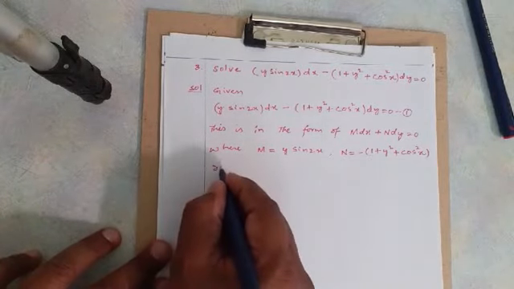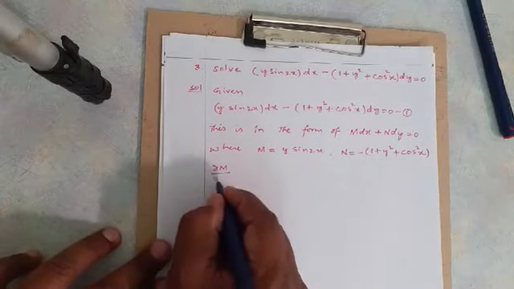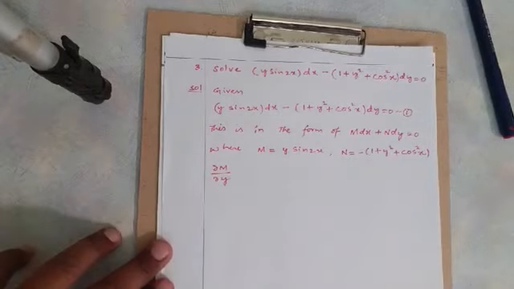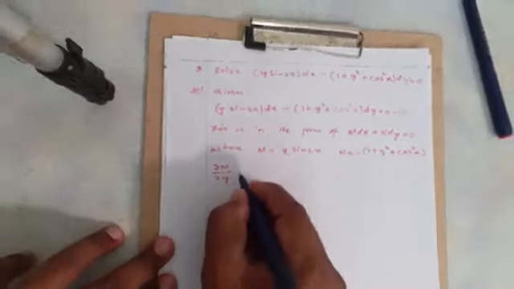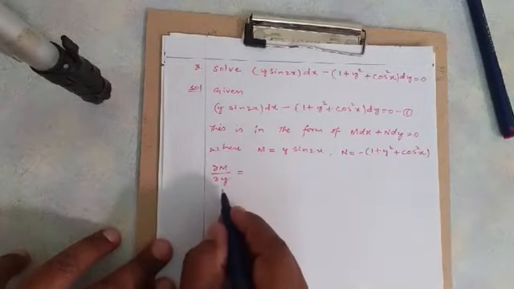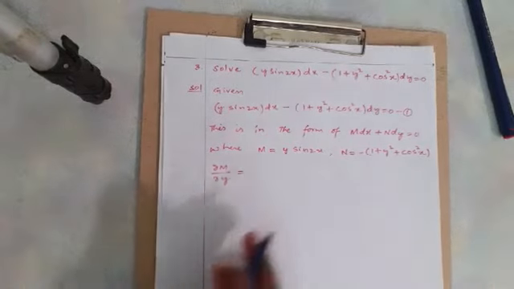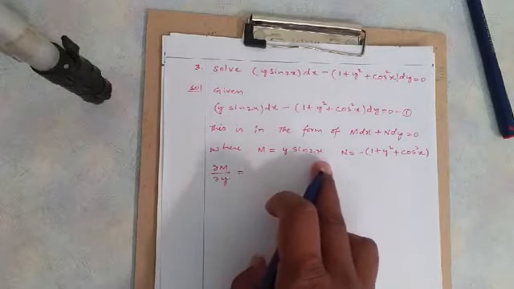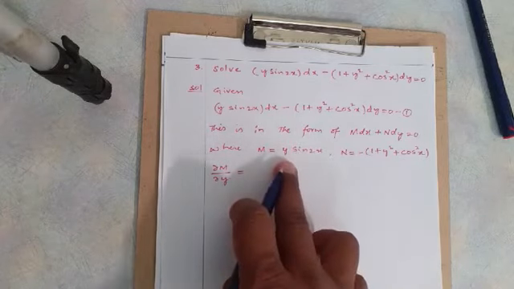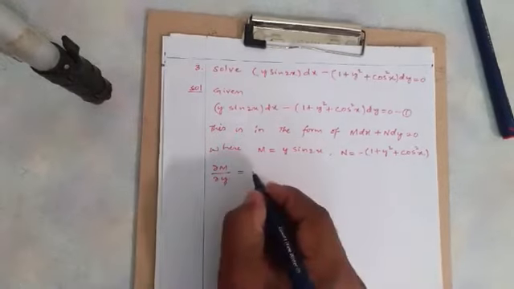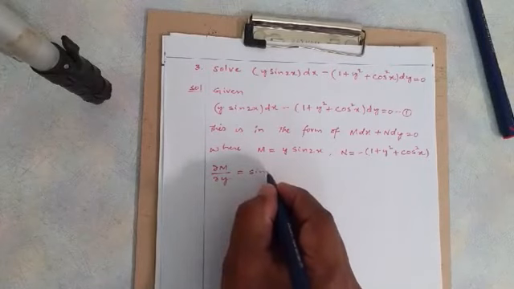We are differentiating M with respect to y partially. So this becomes dou M by dou y, we are differentiating with respect to y. Here we have y sine 2x. Sine 2x is constant. When you differentiate y, that becomes 1. So we write only sine 2x.